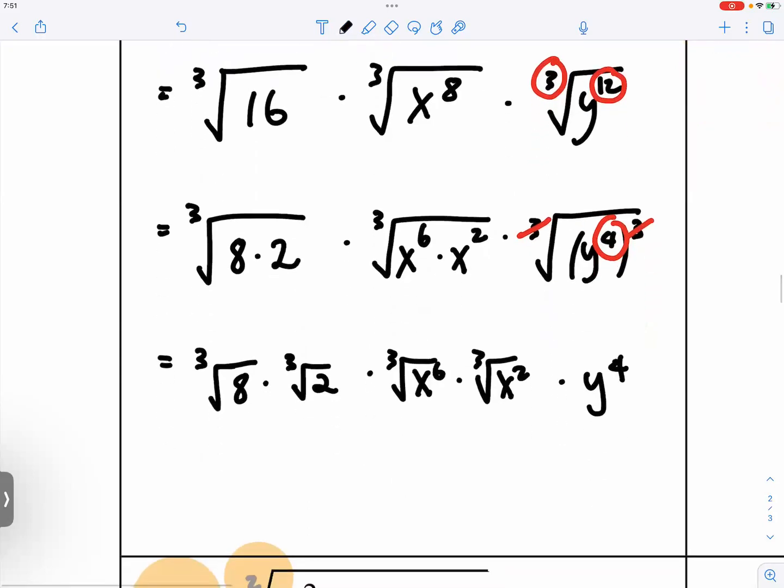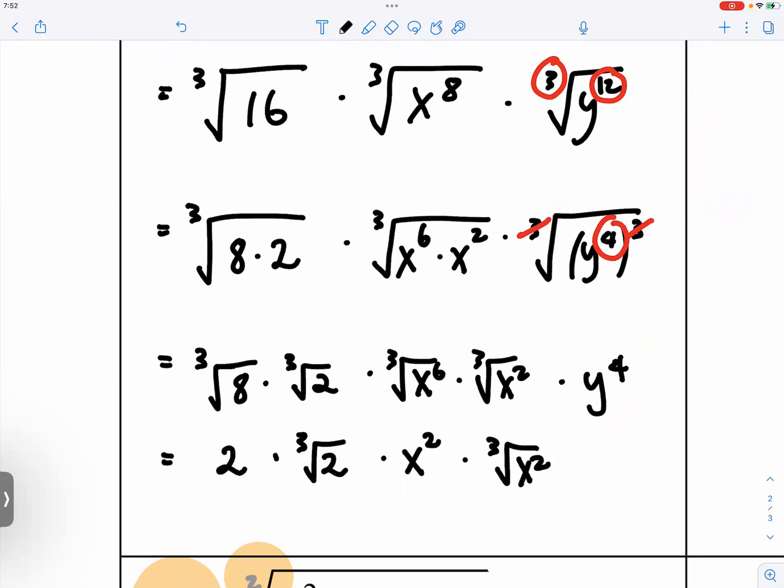So cube root of 8 is 2. Now you just leave cube root of 2 because you cannot do anything about it. Cube root of x to the 6th power is x squared.